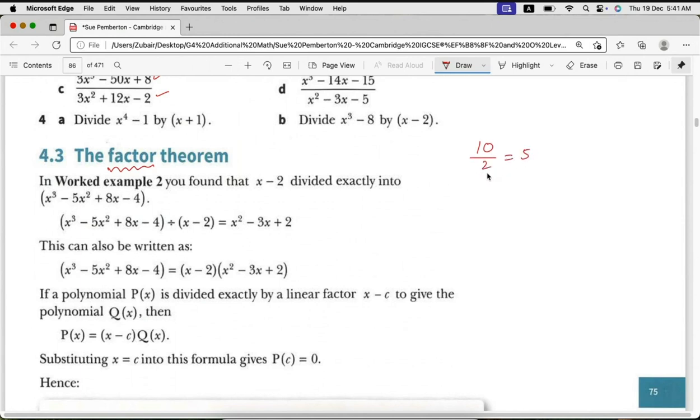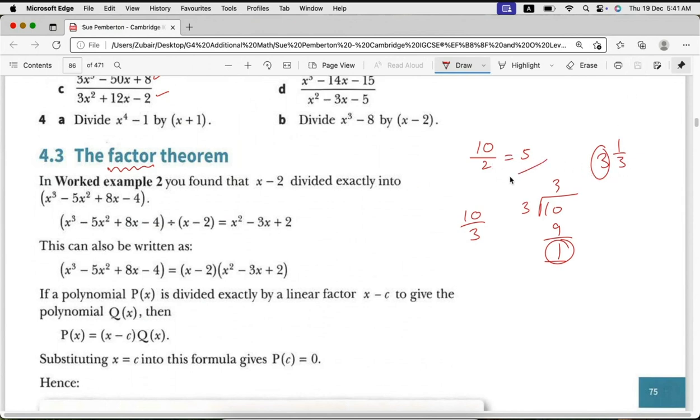There's no remainder. So 2 is a factor of 10. And we know 3 is not a factor of 10. So when we divide 10 by 3, we're left with some sort of remainder. Or we write 3 whole, 1 over 3. So basically 3 completes and 1 remainder. Or we would get a mixed number or fraction.